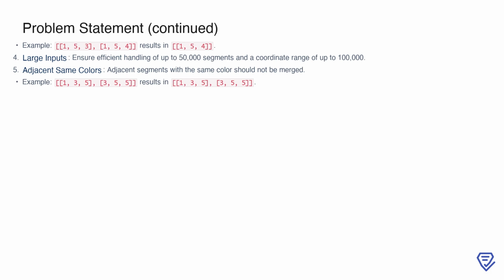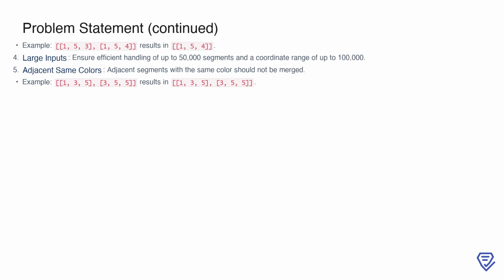For instance, [1, 2, 5], [3, 4, 6] produces [1, 2, 5], [3, 4, 6]. When a segment fully overwrites another, only the overwriting segment appears in the output. For example, [1, 5, 3], [1, 5, 4] produces [1, 5, 4].